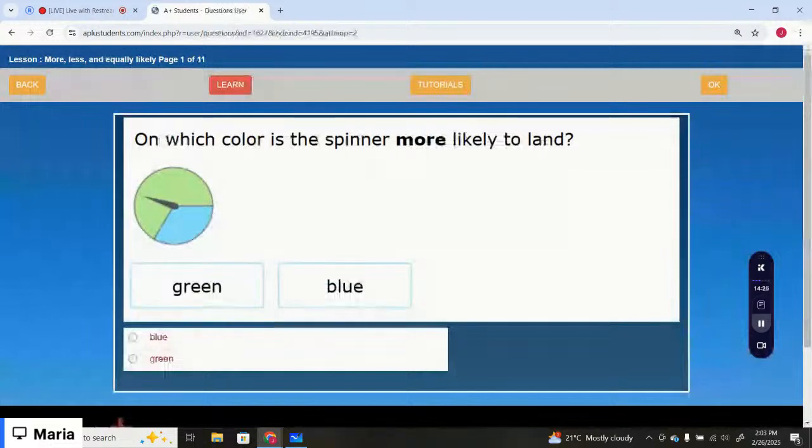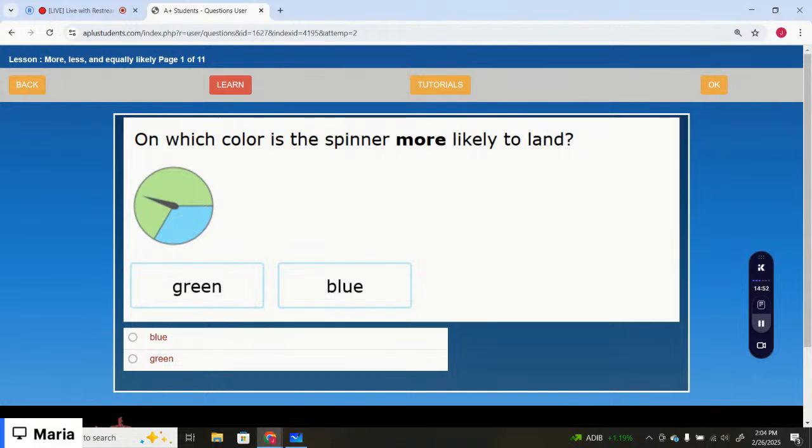On which color is the spinner more likely to land? So you can see the spinner has two portions, right? Green and blue. Most of the portion is green and the smaller portion is blue.